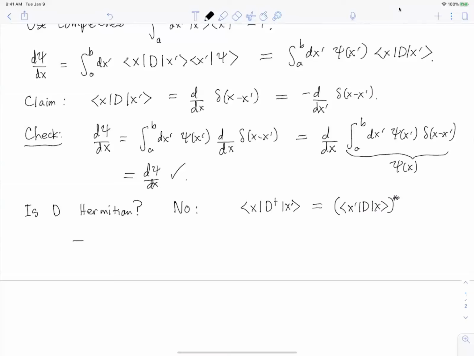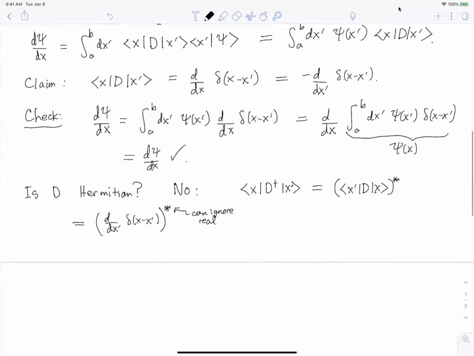That in turn is equal to d by dx prime of the delta function of x minus x prime, complex conjugate. But here we can ignore the complex conjugate because everything here is real: derivatives are real, and the delta function is real. In general, you can't ignore complex conjugation, but here you can.